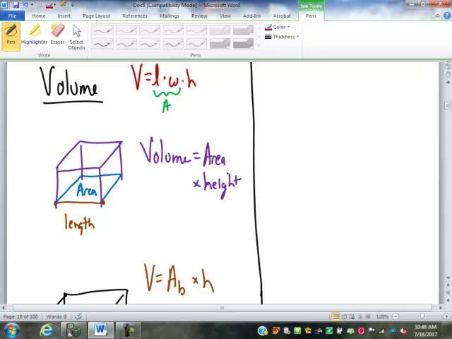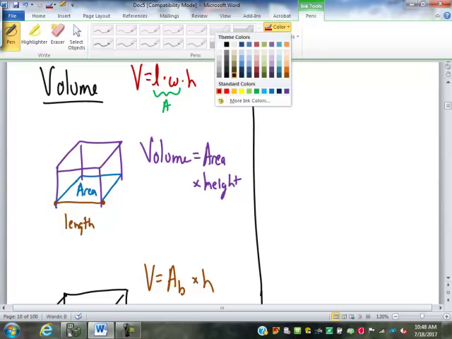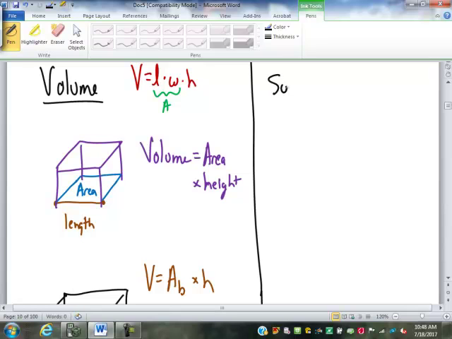So now I'm going to go back up and use my other half page. We're going to talk about surface area. Surface area is the area that it would take to cover the surface of an object.